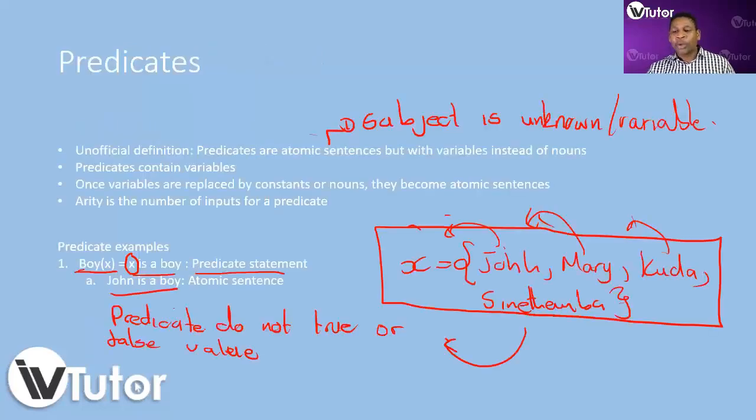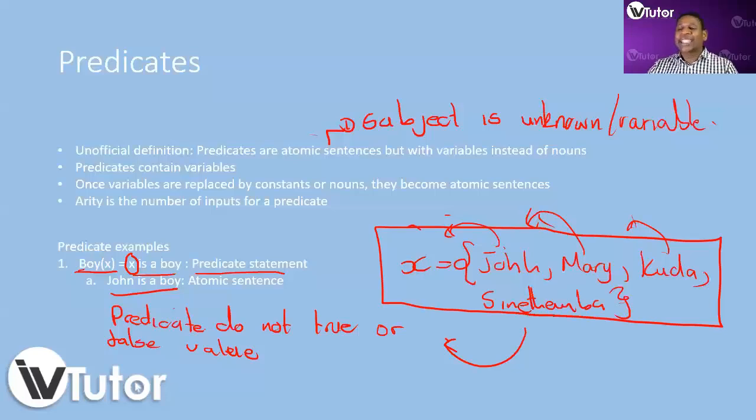So though we may not be given X, the variable is going to be for some domain. But as long as we have a variable, we cannot deduce the truth value of the predicate, because we do not know what X refers to, what subject X is.